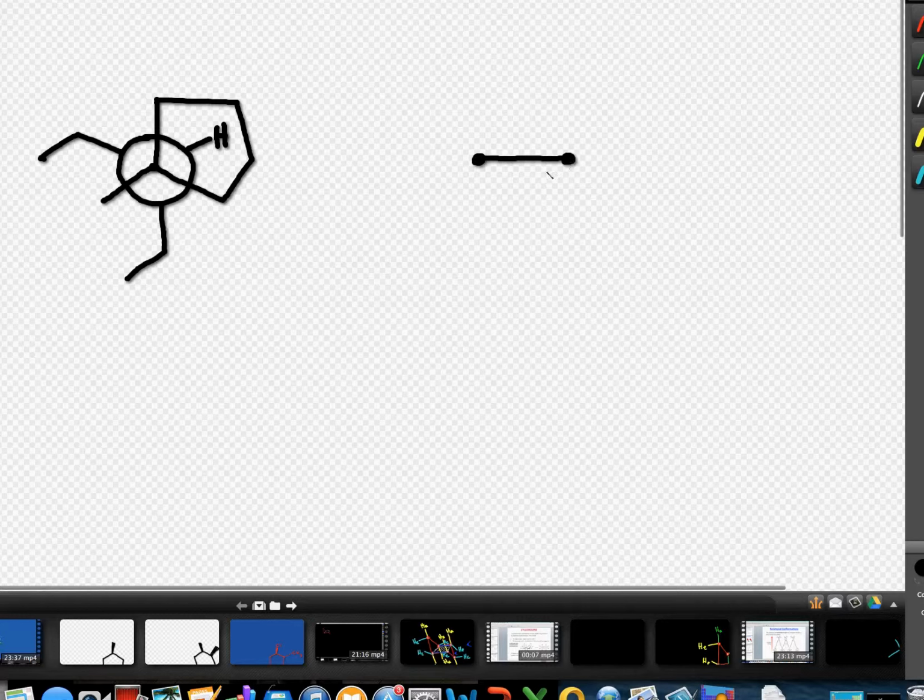Now the carbon in the front has a methyl group and is also bonded to a cyclopropane ring. And it makes two bonds with a cyclopentane ring. Carbon on the back, we have two ethyl groups, and of course we have a hydrogen.